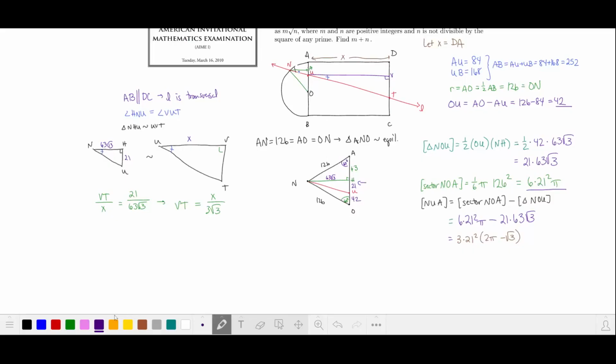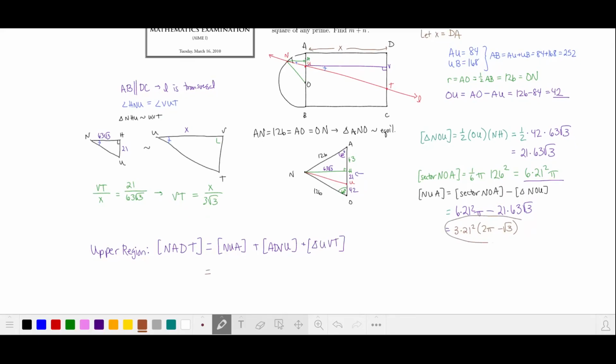Now we can find the area of the entire upper region above line L. This is bounded by the arc from N to A, and then segment AD, segment DT, and back to N. This consists of the area NUA, including the arc part from N to A, rectangle ADVU, and then the triangle underneath it, UVT.